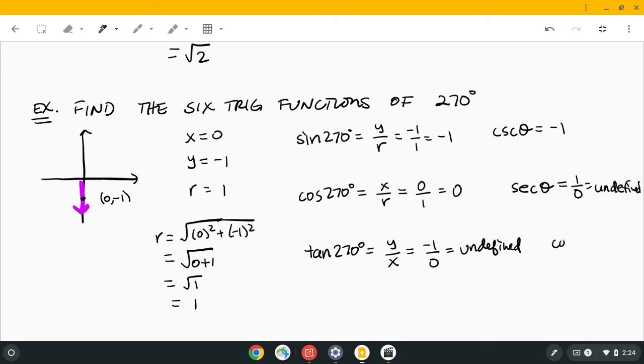Okay, and then cotangent theta, theta being 270 degrees, is going to be 0 over -1, and this will be 0.